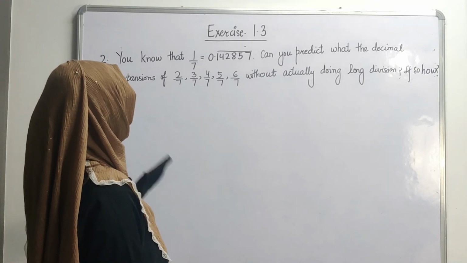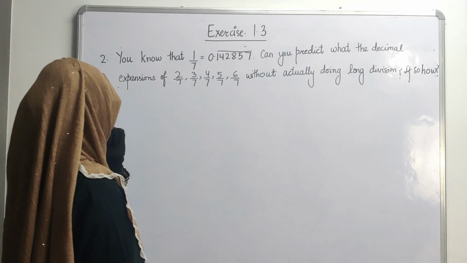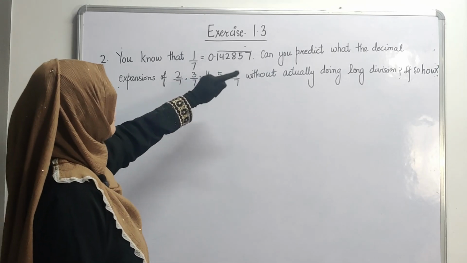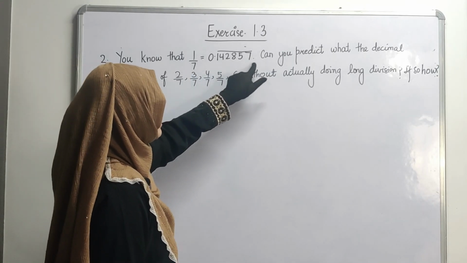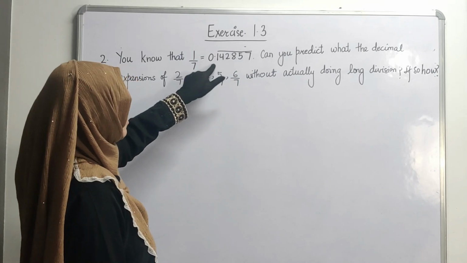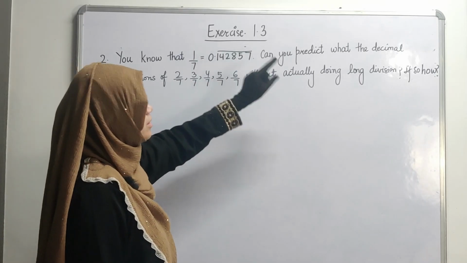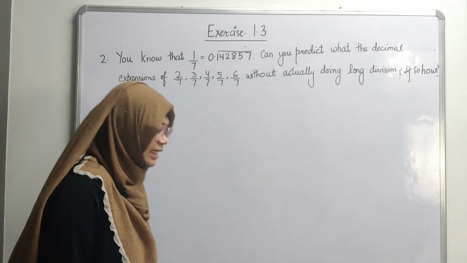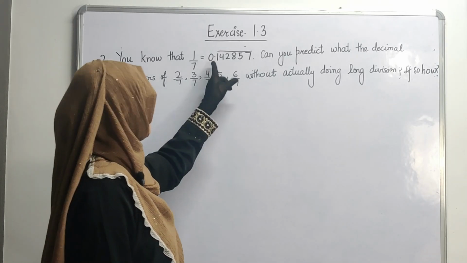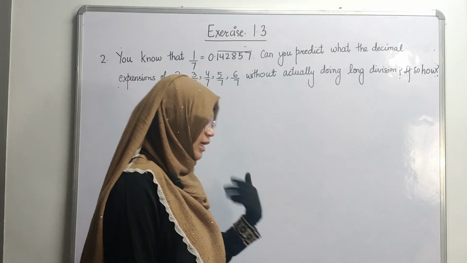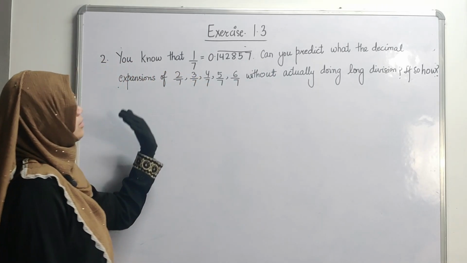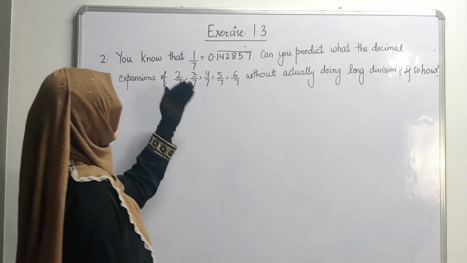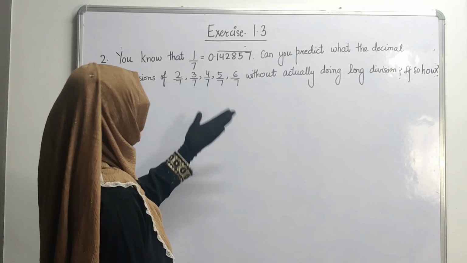It means 1 upon 7 का जो decimal expansion है वो कौन सा है? वो है हमारा non-terminating. Why non-terminating? Because we have a bar on the numbers. Non-terminating and repeating. Yes, ये पूरे नंबर रिपीट हो रहे हैं. It means our decimal expansion is non-terminating and repeating.